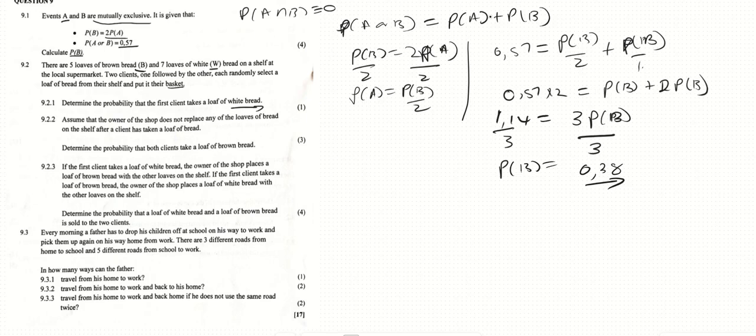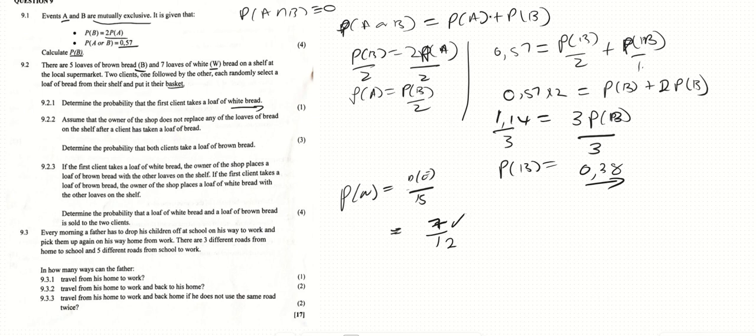So now we're looking at the probability of choosing white. Remember that probability is the number of events divided by the sample. The sample is how many things are given. How many loaves of bread are given? 5 plus 7, 12. Then how many are white? 7 are white. So the probability is 7 over 12.